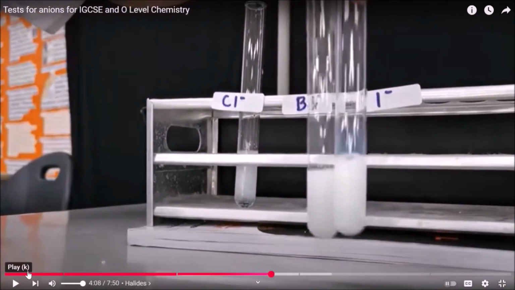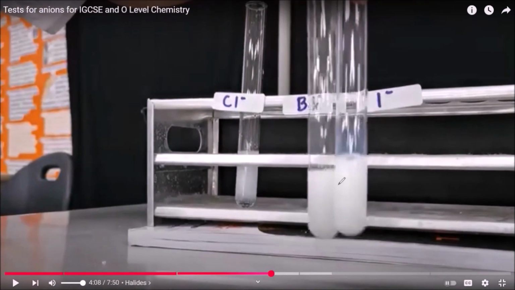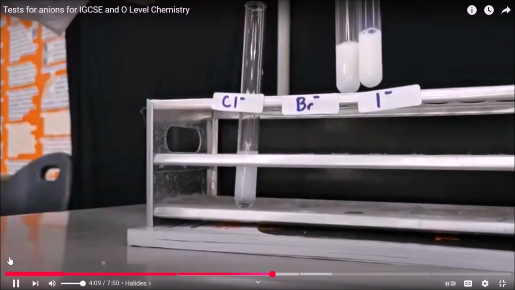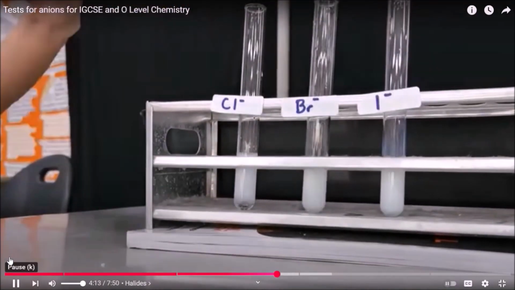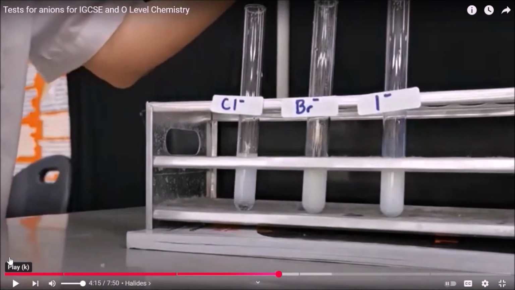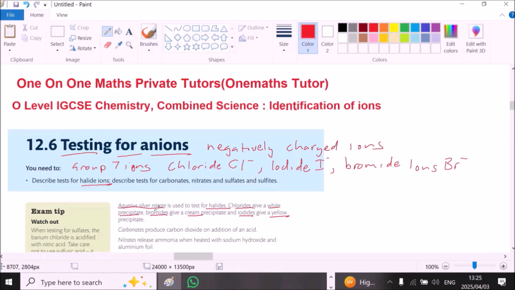There is a slight difference between silver bromide and silver iodide. Silver iodide is more yellow, silver bromide is more cream. The color difference is very close.